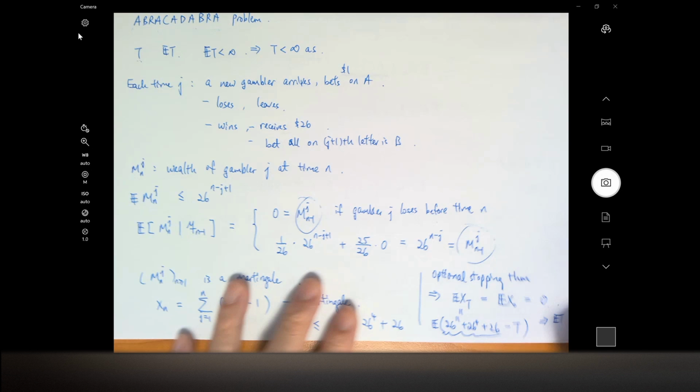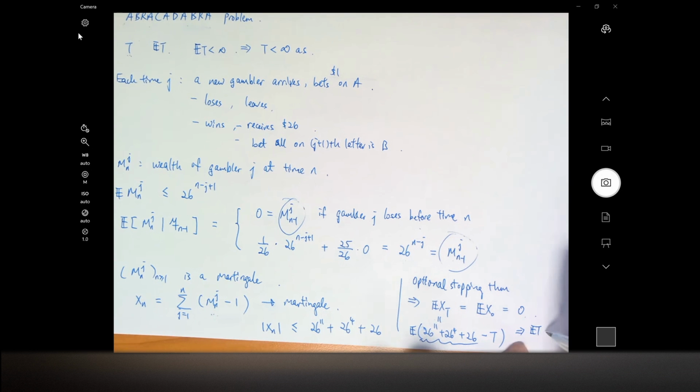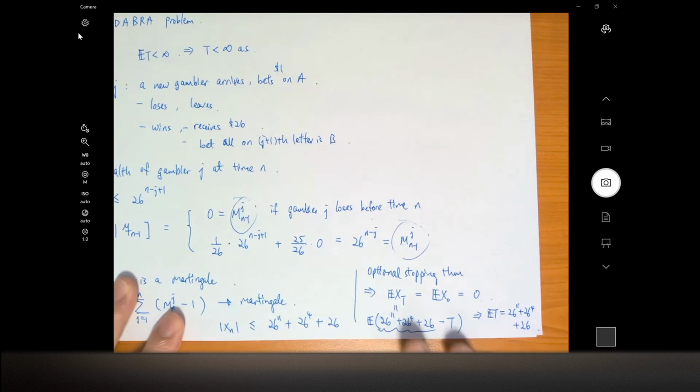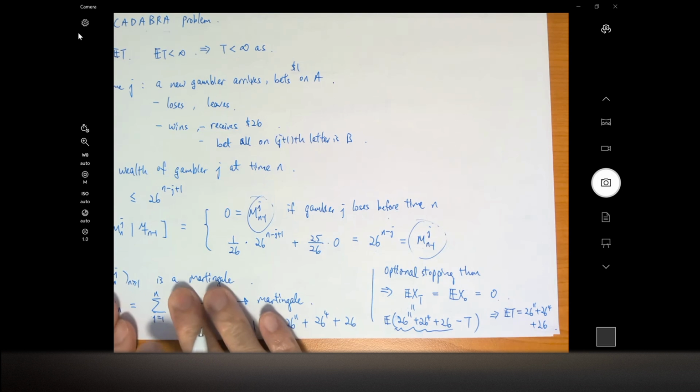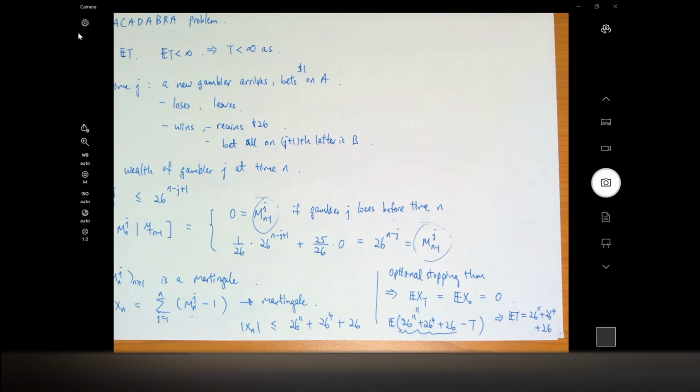So the expectation of T is 26 power 11 plus 26 power 4 plus 26.